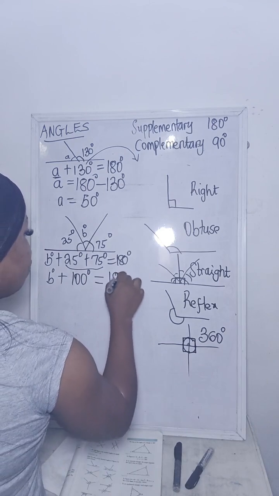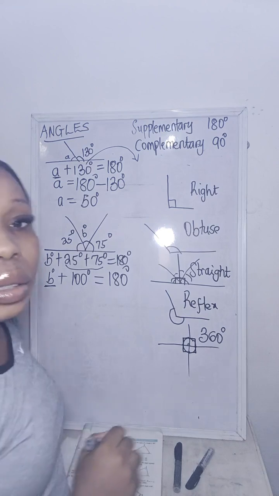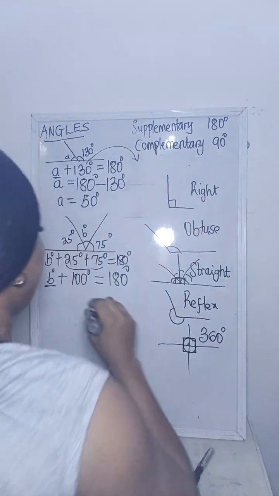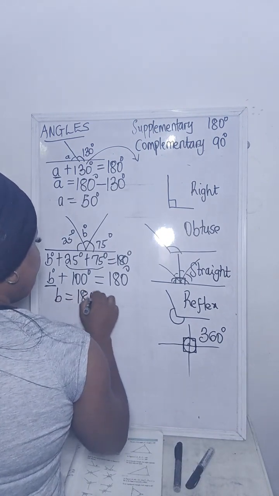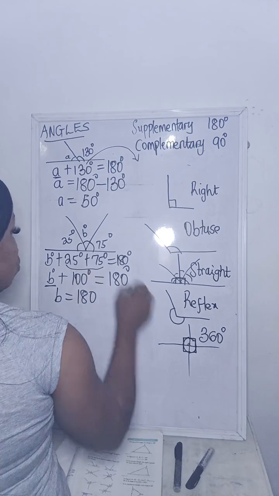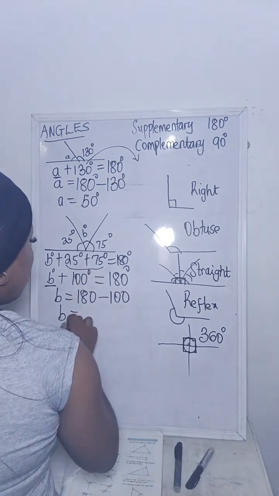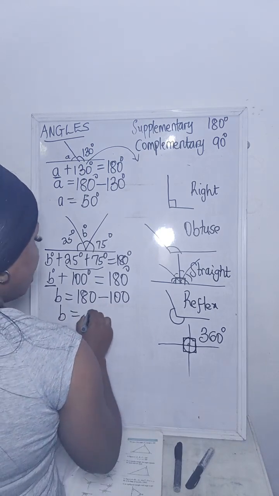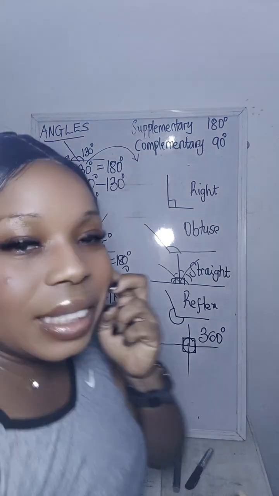And so we need to make our B stand alone because that is what we're looking for. So B equals 180, we're moving this over to this side, minus 100. So our B equals 180 minus 100 equals 80 degrees. Super easy.